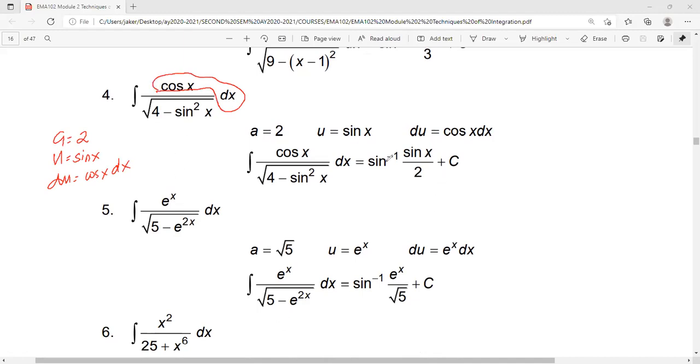The arc sine, take note of what u, sine over a, which is 2. The arc sine of sine x over 2. Do you follow? Okay, still another arc sine here for the fifth example.